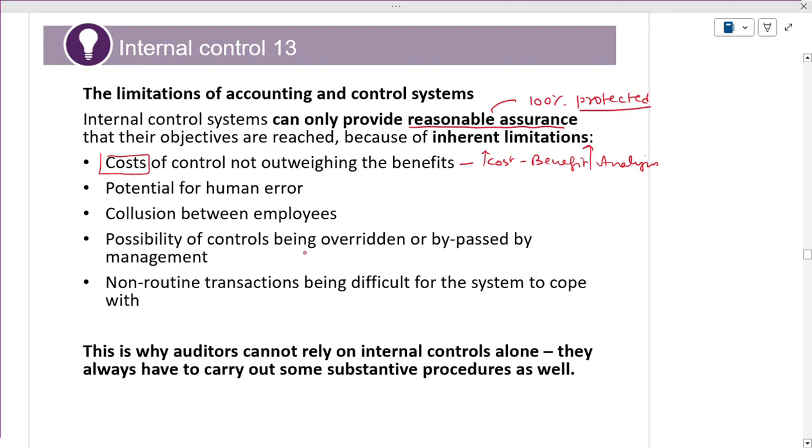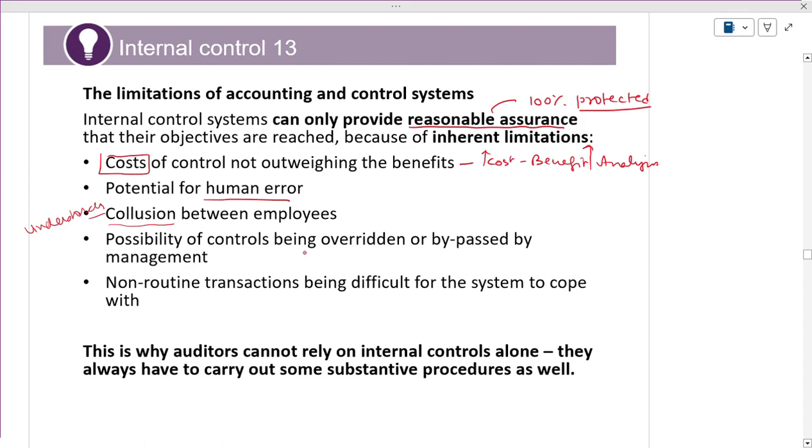What happens? There will be human error. I told you, it is not 100% protected. There is nothing like 100% safe. There will be a chance of error. Sometimes there will be collusion, an understanding between the employees.